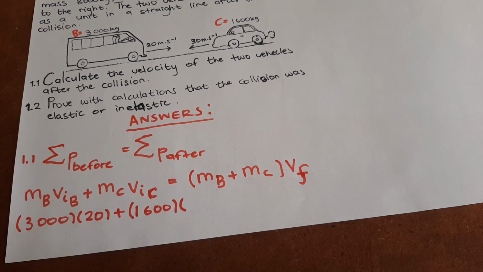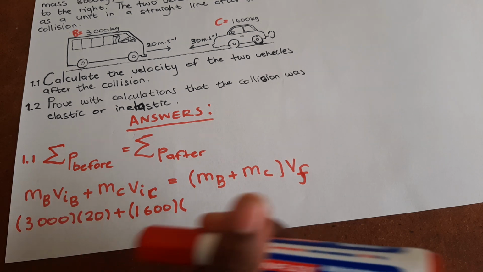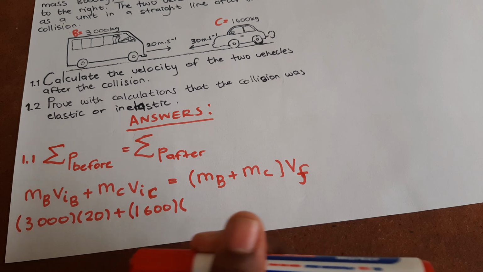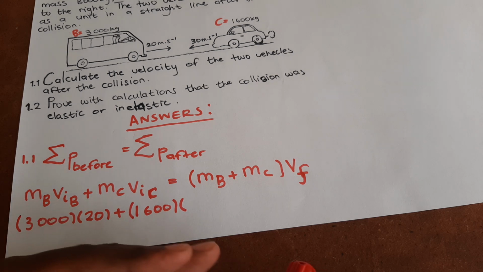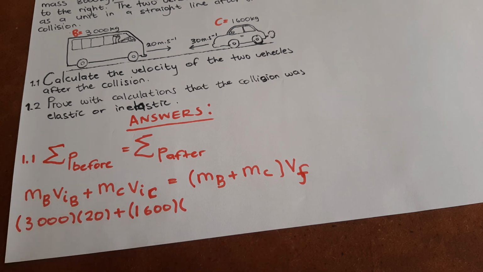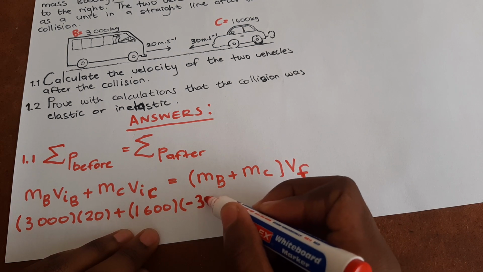Mind you guys, the initial velocity of the car is 30 meters per second to the left. To the left means you're opposing the motion. Please choose right or left as negative or positive. I chose my right to be positive and my left to be negative, so this is going to be minus 30.